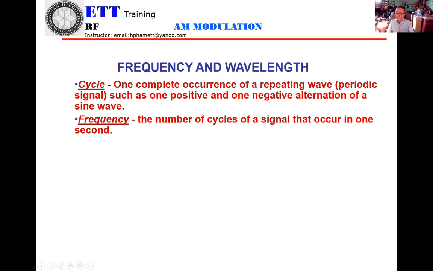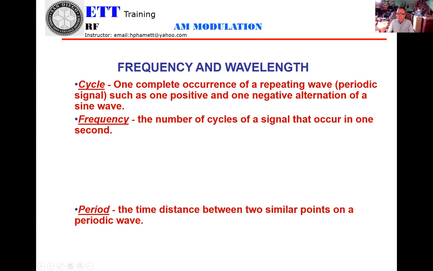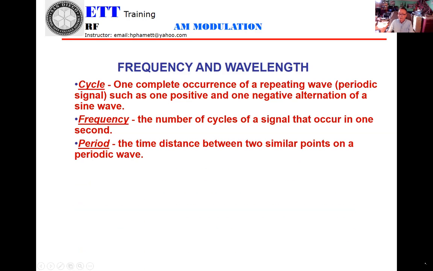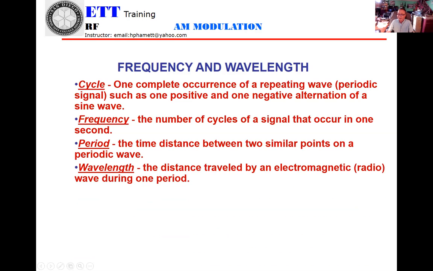And what is the frequency? The number of cycles of a signal that occur in 1 second. Very, very important for you to get the basic definitions. Period: the time distance between two similar points on a periodic wave. Wavelength: the distance traveled by electromagnetic radio waves during one period.